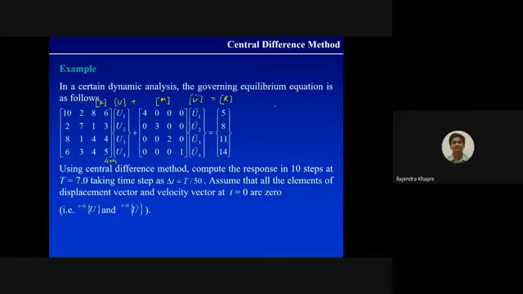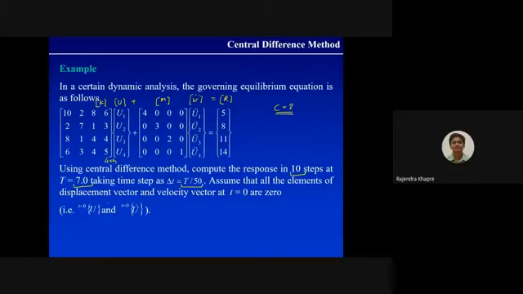Now where is your C? C is not given to you. So what you can do is assume the value of C, and in this particular case C is totally absent, so your C value can be considered as 0. Now we have to find out the response of the structure in, let us say, 10 steps. I am using only 10 steps for a period of T equal to 7 seconds, and I am considering delta t as capital T divided by 50.